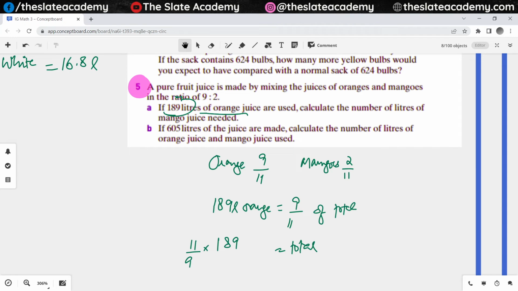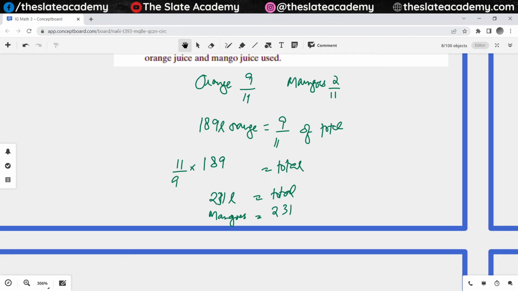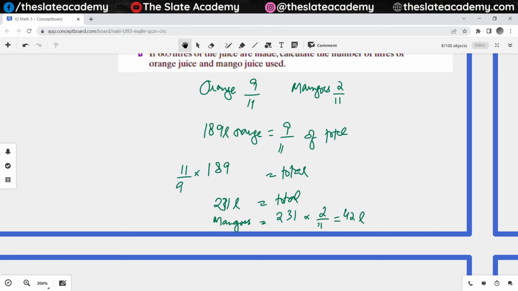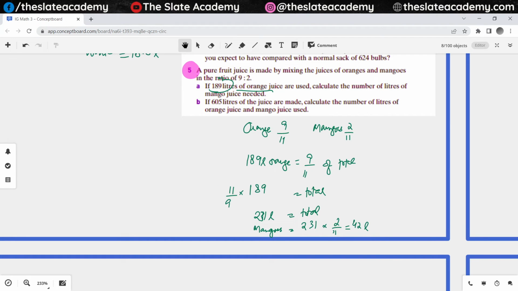So total is 231 liters. 231 liters is total, and then mangoes would be 231 into 2 by 11, which would be 42 liters. So for part A, answer would be 42 liters.